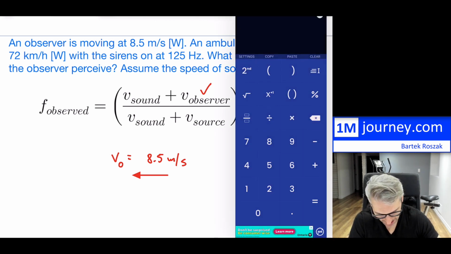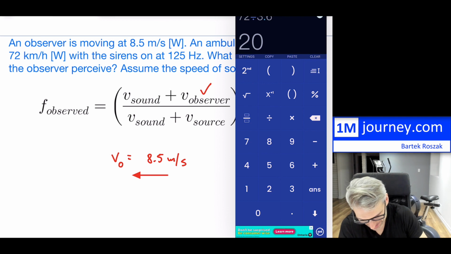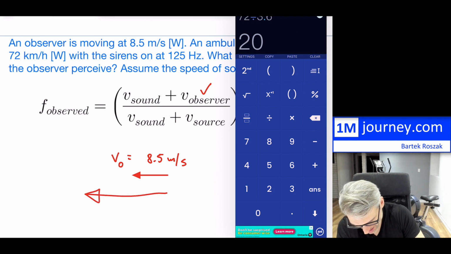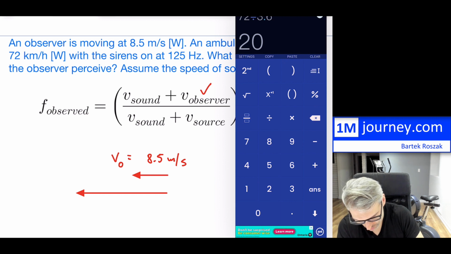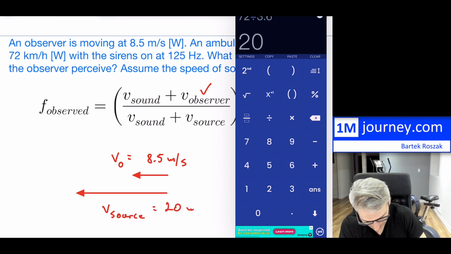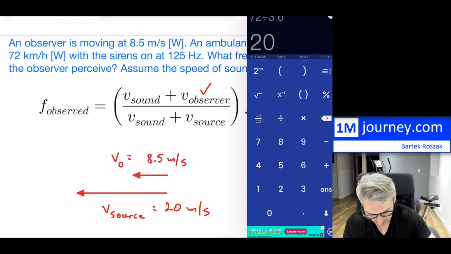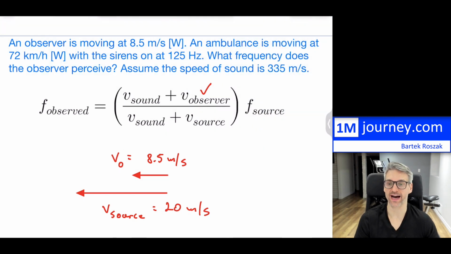We have 72 divided by 3.6 to bring it down. This will also be west, so this is the actual source, V of the source, and that is equivalent to 20 meters per second.